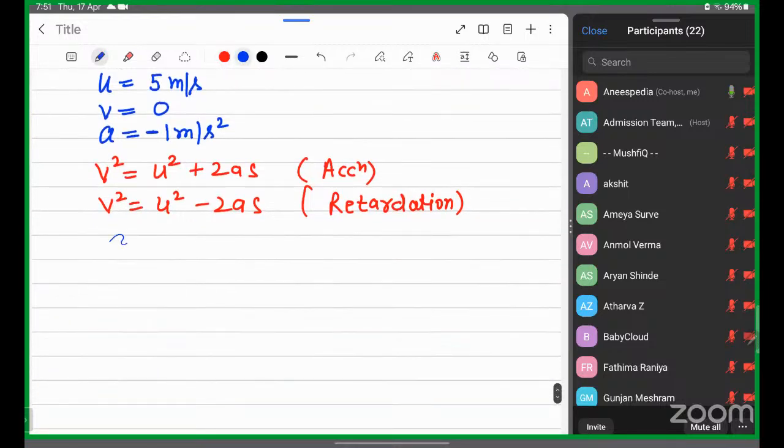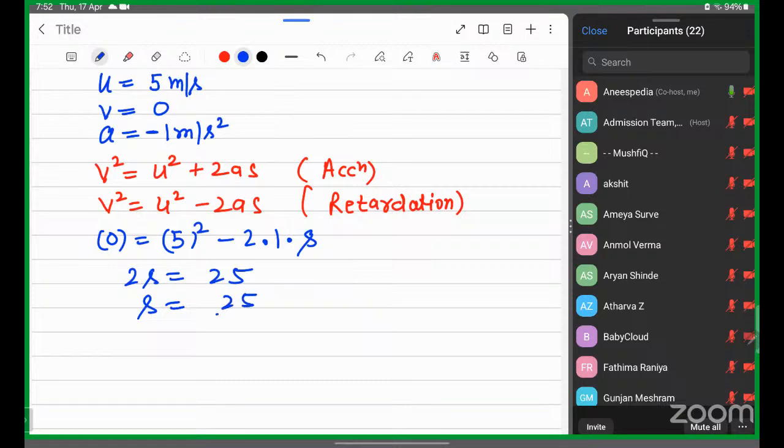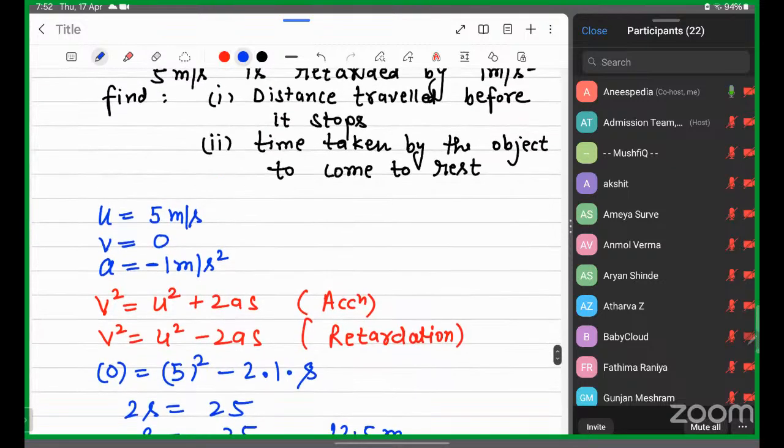So v will be 0, u is 5 to the whole square, minus 2, a is 1, s is to be calculated. So 2s equals 25, s will be 25 divided by 2, which is 12.5 meter. This is the first part.